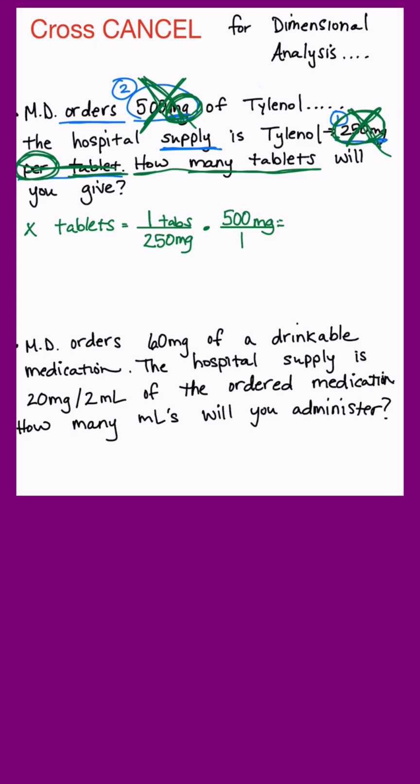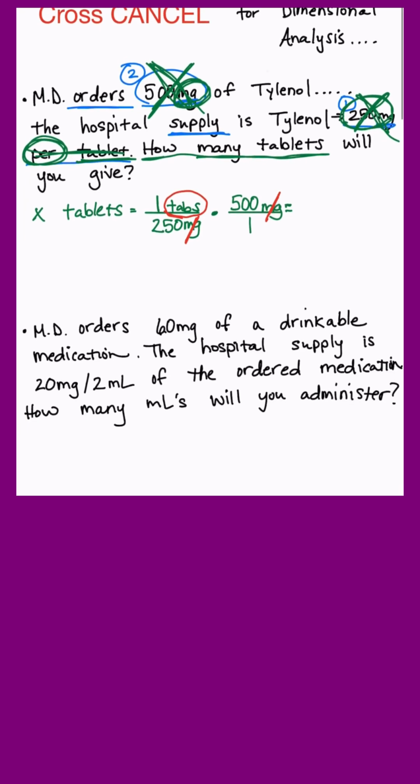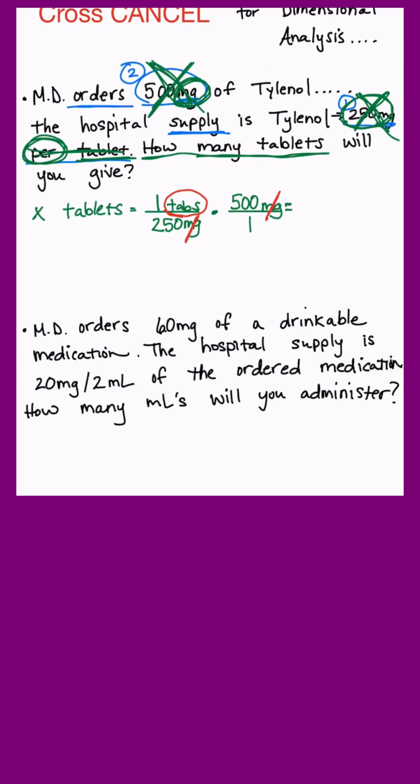And then I can cancel these out. I'm left with tabs, which is what I need. And then I'm going to calculate. So I'm going to do 1 times 500. All I have is two things here to multiply, so that keeps it pretty simple for me.